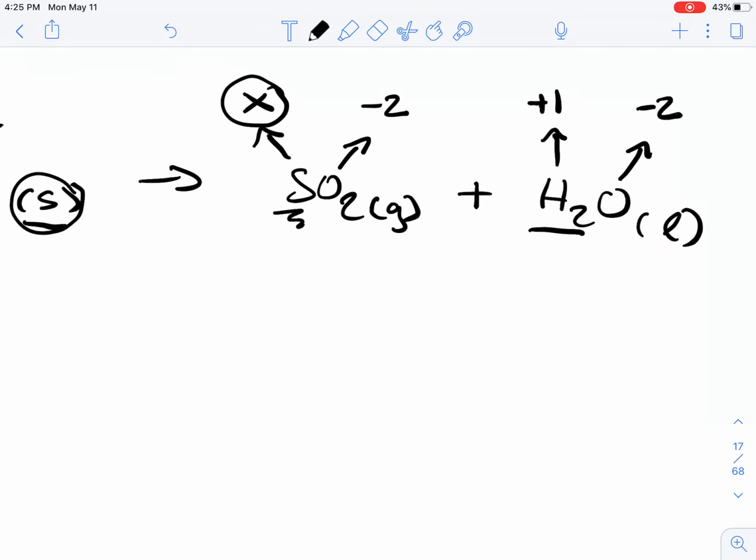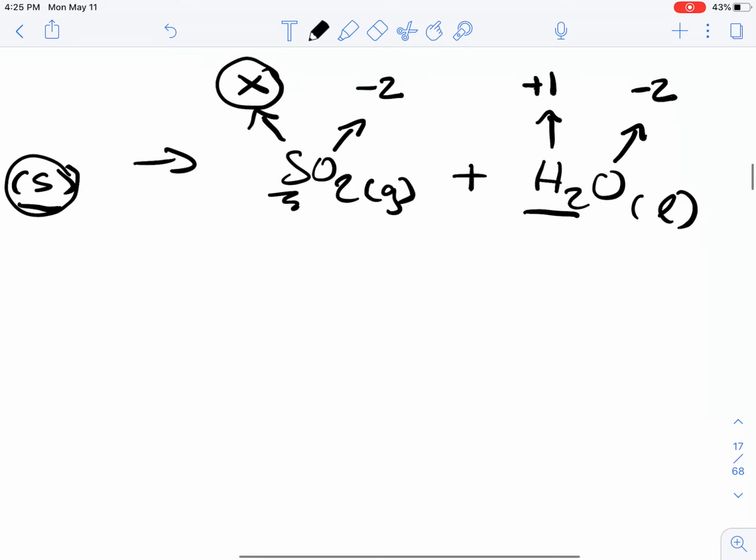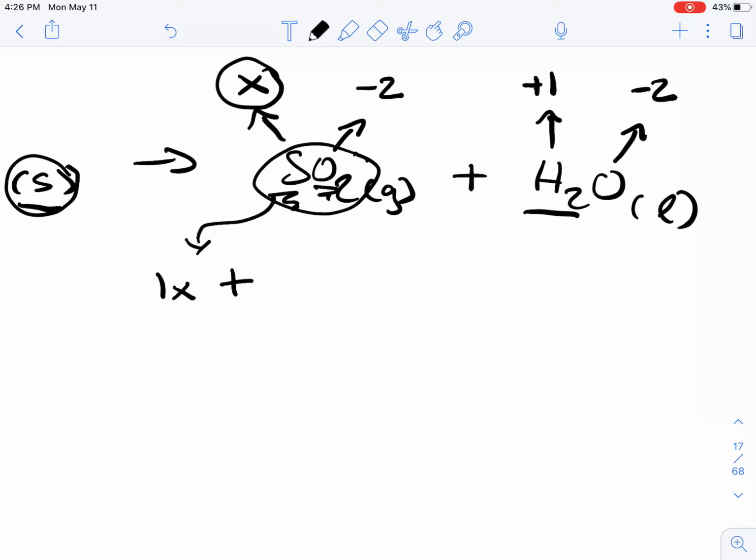To do this, I'm going to set this up as an algebraic equation such that the sum of these two will equal 0, because the overall charge for sulfur dioxide is 0. Since we have one sulfur, I'm going to put 1x. Then I'm going to add that to the oxidation number for each oxygen.